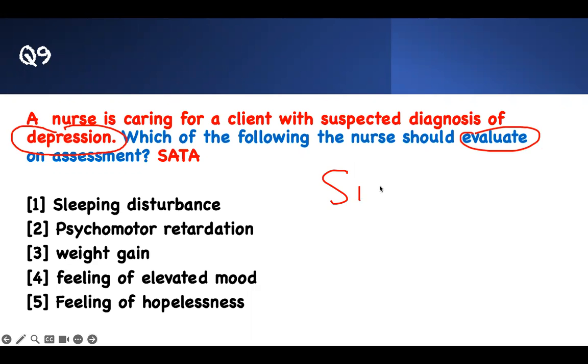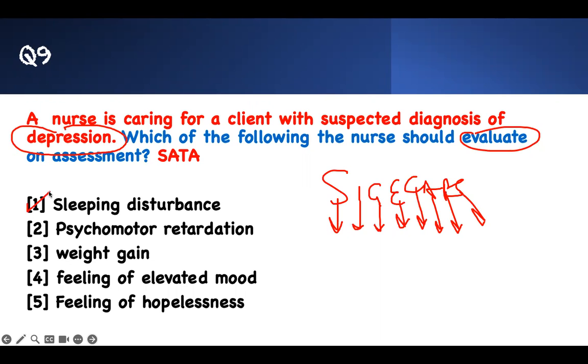Write this down. SIGECAPS. When they give you a depression question, this is what? Sleep problem. Their interest goes down. They feel guilty. Energy goes down. Concentration is affected. Their appetite goes up and down. They have psychomotor agitation, that means irritable, and suicidal ideation.